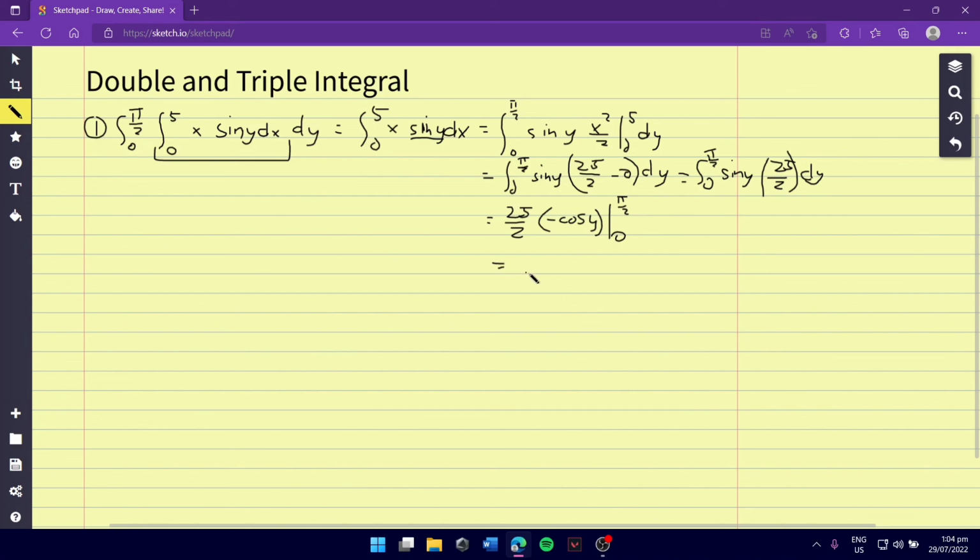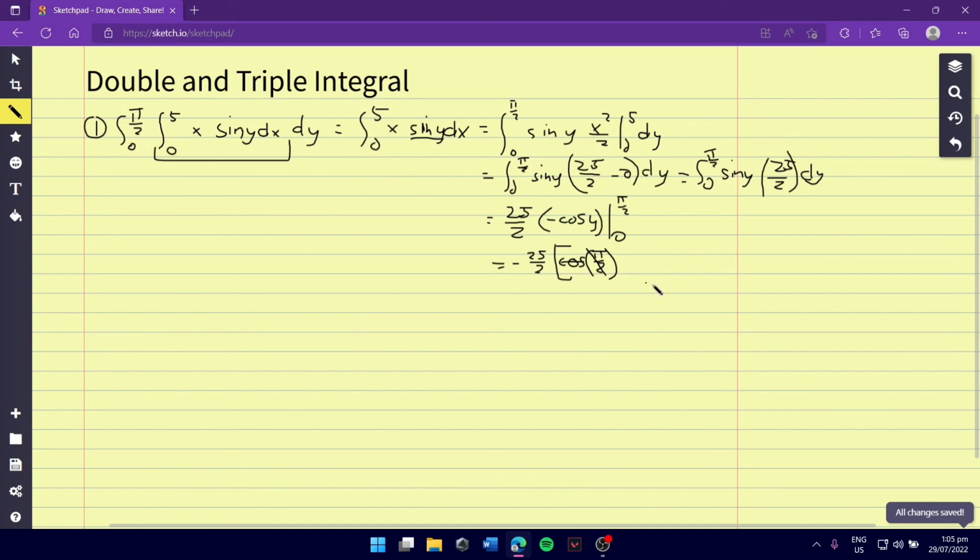Next, copy 25. Since this is negative, we'll put here negative 25 over 2. And then cosine of pi over 2 is 0, so this will cancel out and become 0.